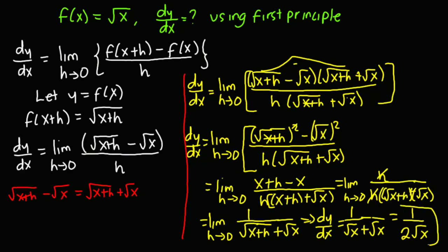And therefore dy/dx of the function square root of x from the first principle is given as 1 on 2 root x.